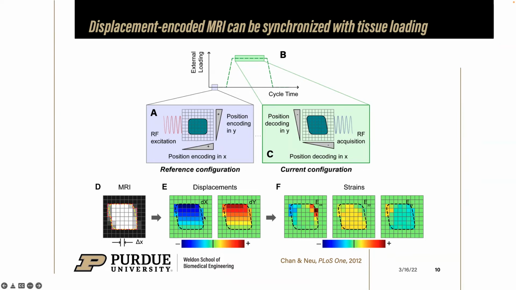From there, we have our discrete displacement maps from which we can calculate our deformation tensors and then calculate our strain fields. And so it's this entire process that allows us to measure the displacement of a particular pixel, right? So it's on average all the protons within that pixel. And we're not necessarily constrained by the spatial resolution of that because the change in position is actually connected to the phase information and not where that pixel has physically relocated to.